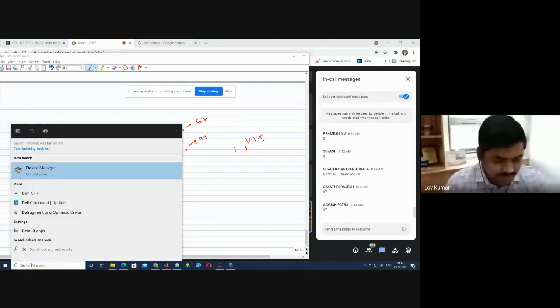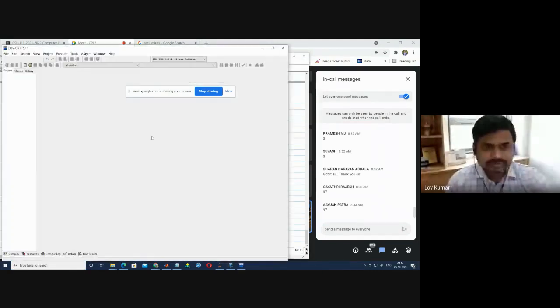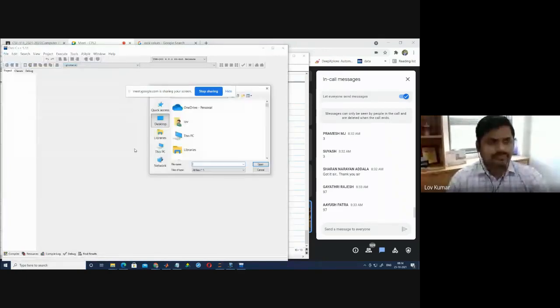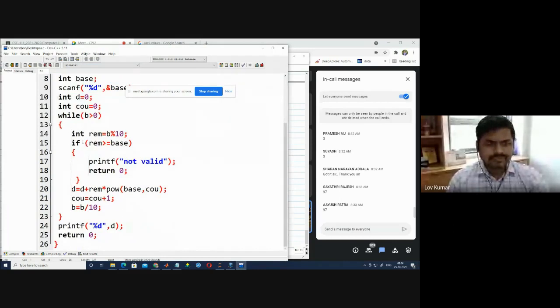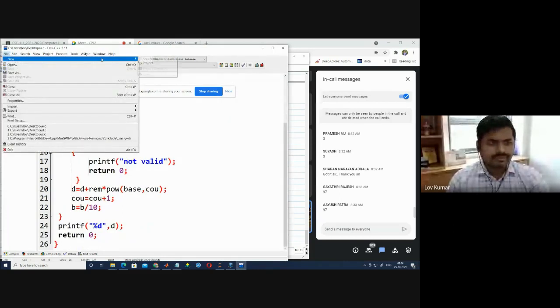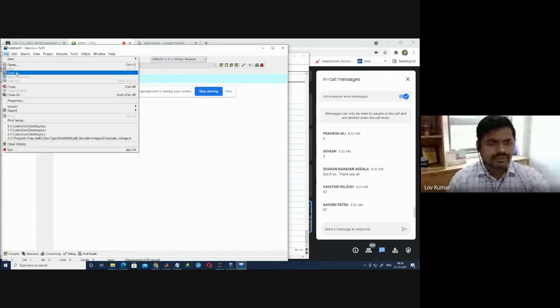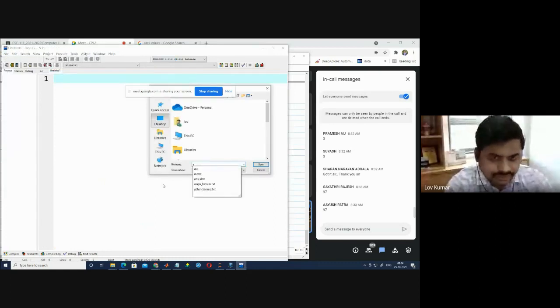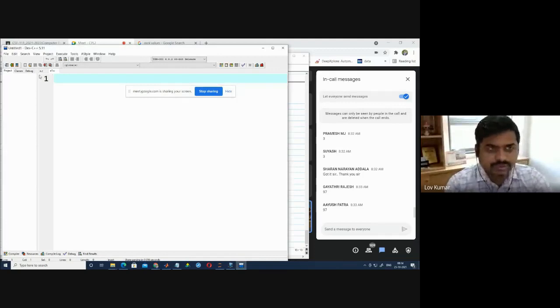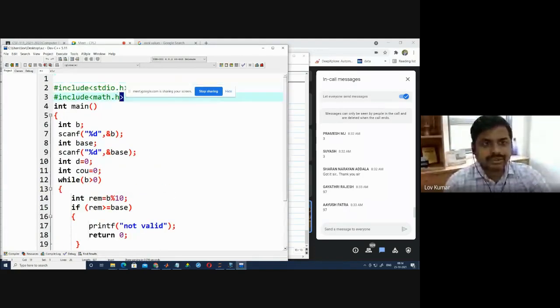As for example, you can see C++. I'm going to make a new file, save it and call it A1.c. Now I'm going to write the same code.